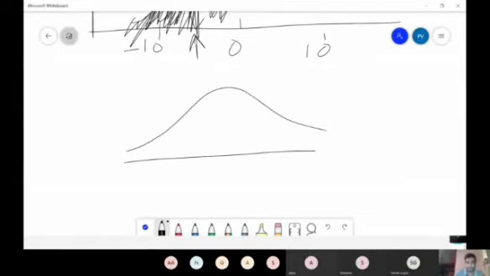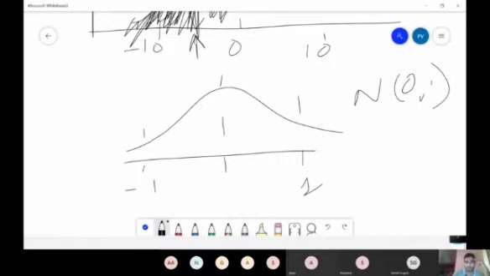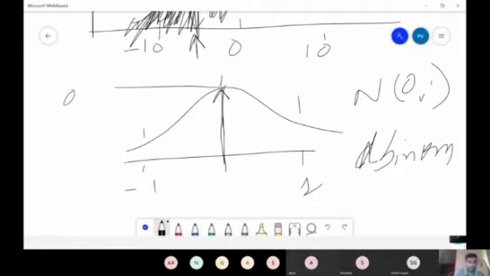A simple example: if I say normal 0-1 distribution, and at 0 tell me the D value, D norm, it would return 0.4, the height.